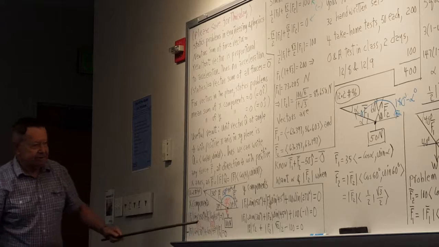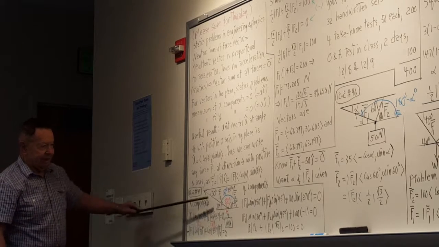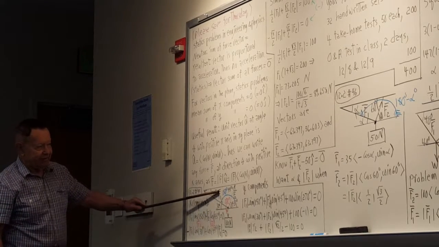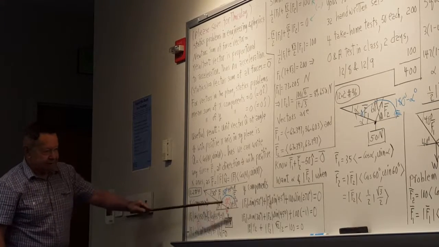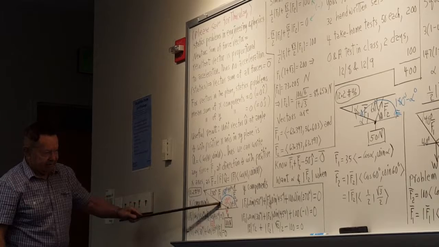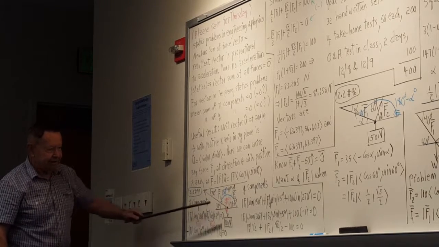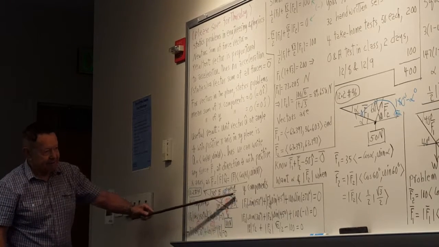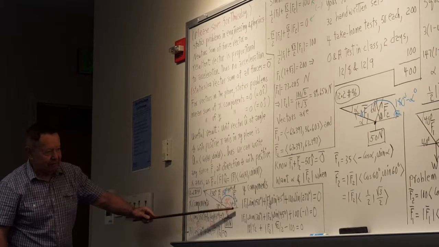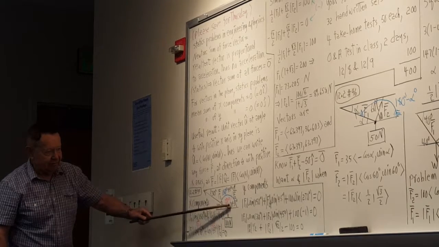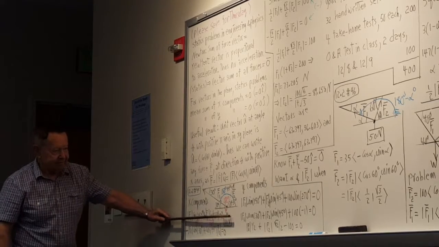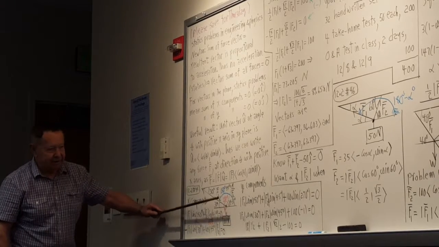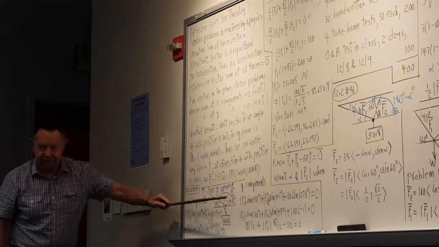X components, you're going to have the magnitude of F1 cosine of 150 degrees plus the magnitude of F2 cosine of 45 degrees. And that total is 0 because you don't have a net force right or left.